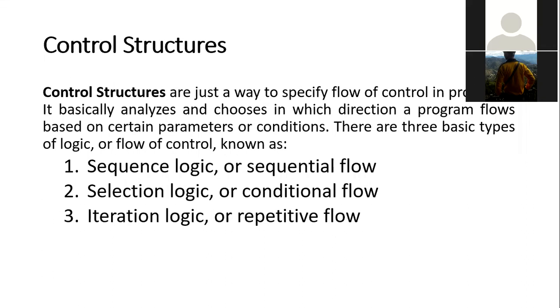And lastly, iteration logic or repetitive flow or looping control structures. Okay? Tatlong klase lang ang control structure natin when it comes to program and flow chart. Your flow chart or your program can either be a sequential flow, conditional flow, or repetitive flow.